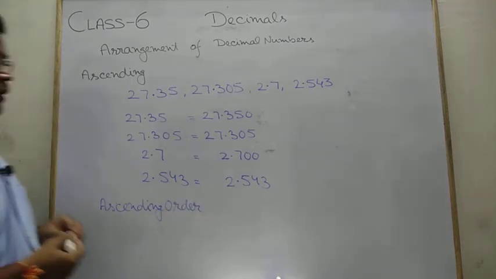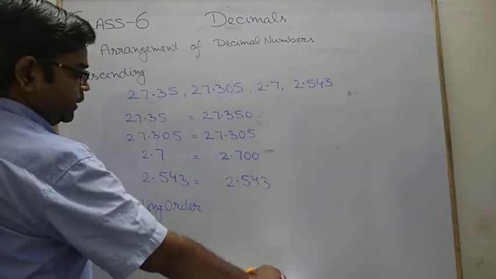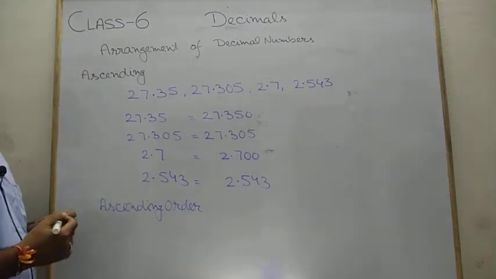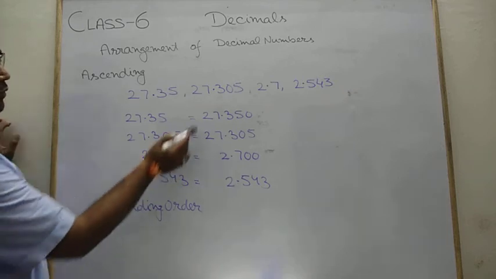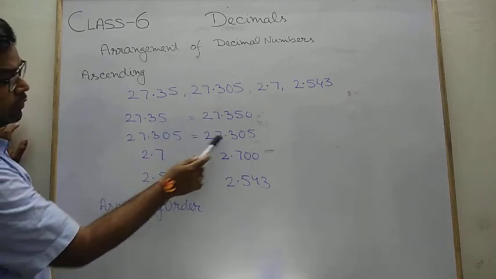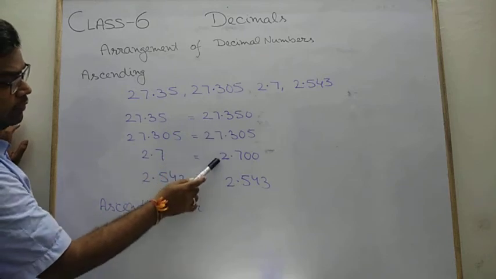Clear ascending order, and then we write down the answer. Okay, I'm going to use black ink so that you can easily understand where the solution is. In this case, first we compare all numbers. What we observe before the decimal is that here we have 27, 27, and here we have 2, 2.